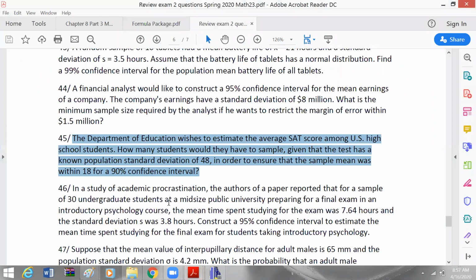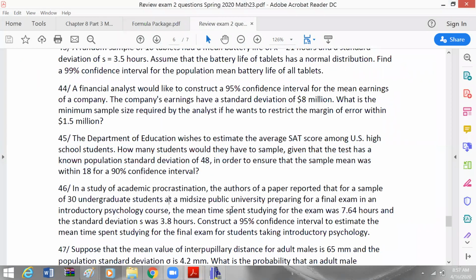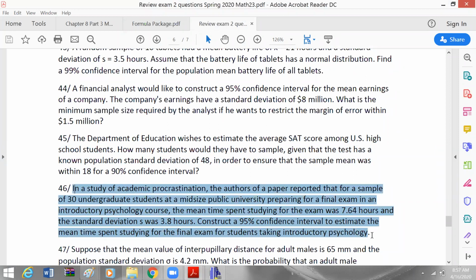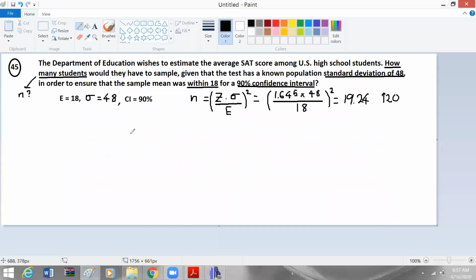Okay, so again, whenever the questions are given like that, for example, I look at question number 46. What part of chapter 8 do we need to solve given by these questions? Let's say we're going to solve for these questions.